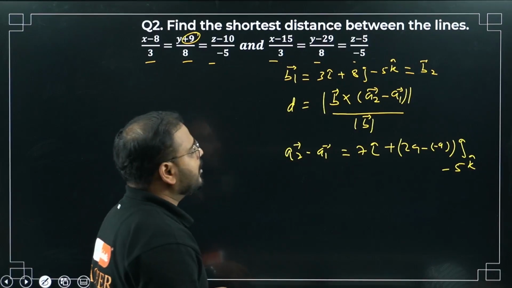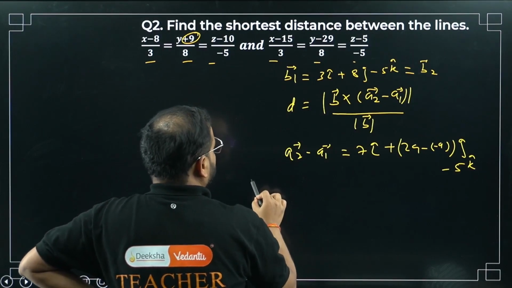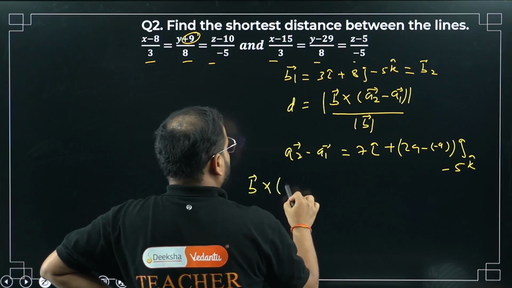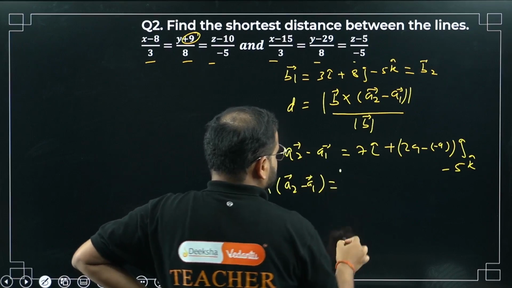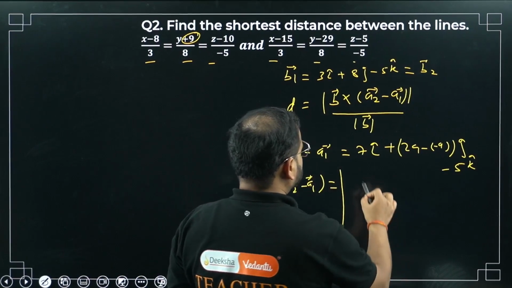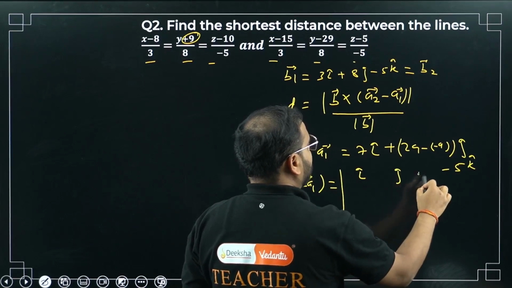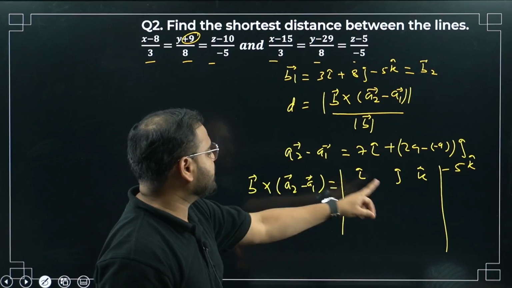I have to find the cross product now. So how will you do it? We are looking for this value, B cross A2 minus A1 vector. Write the matrix, please. Matrix will be what? I'll write first i, j, and k. How come i, j, k? It's a cross product, right? The result will be a vector. So I, j, k I have written.